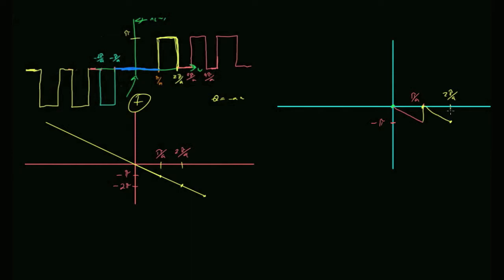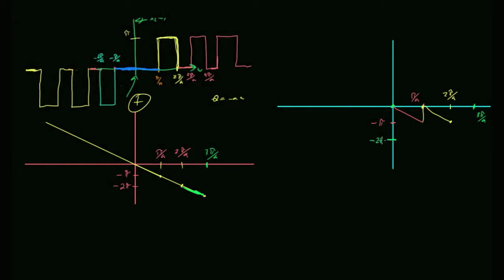Now how do I get from 2 pi over a to 3 pi over a? So now I'm here. I'm adding this line to, what am I adding it to? 0. Okay. So let's see. So now this is a line segment that goes from minus 2 pi to minus 3 pi. So let's see here.